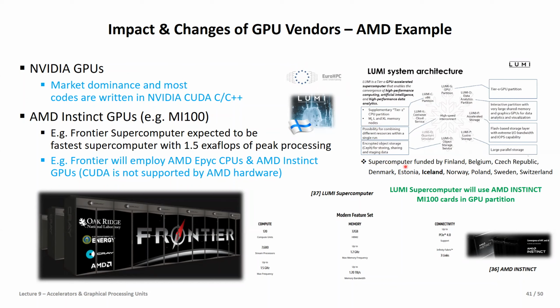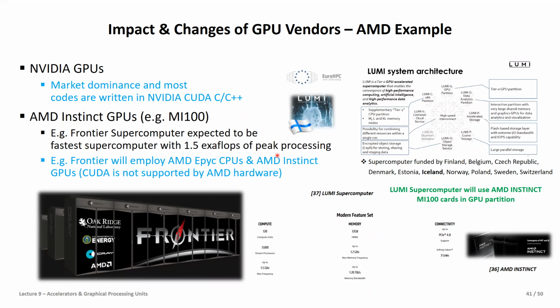Here we have a supercomputer funded by quite some fractions of Europe, where Iceland also plays a small part in the LUMI process, and we have a GPU partition which adopts the AMD Instinct MI100 cards. So here you already have the porting problem that all the CUDA applications might not work so quickly. Of course, there's community work along these lines on how to port quickly to AMD GPUs, but still we can imagine this is not so simple.